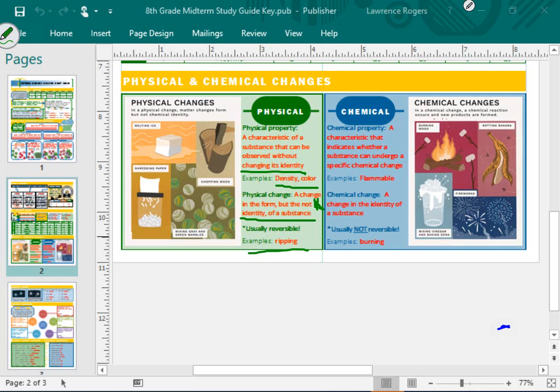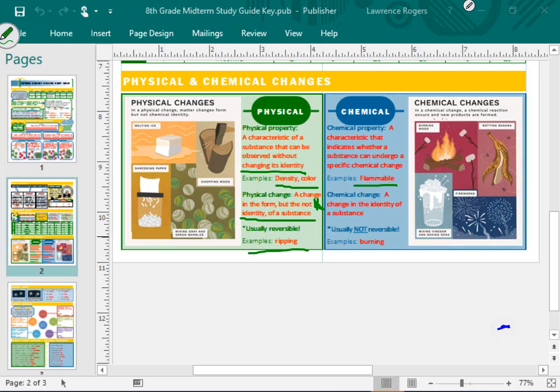Now when we get into chemical changes, it's a little different. Chemical properties give us characteristics of the chemical changes that a substance could go through. Examples: flammable, reacts with acid, reacts with base.